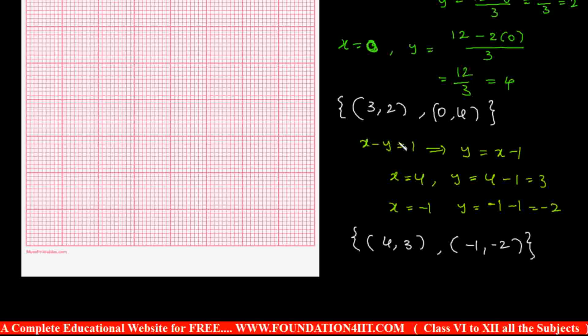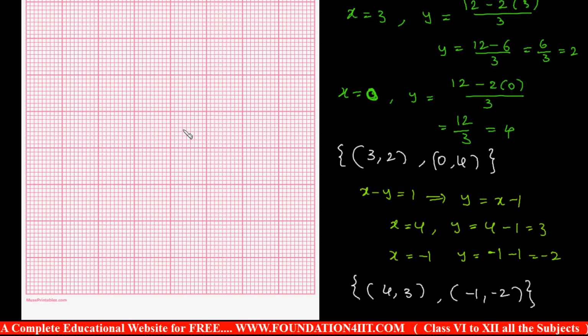Okay, let's plot these points on the graph. We already know how to plot points. Let's take the x-axis and y-axis from this graph. On the same graph we need to plot this.